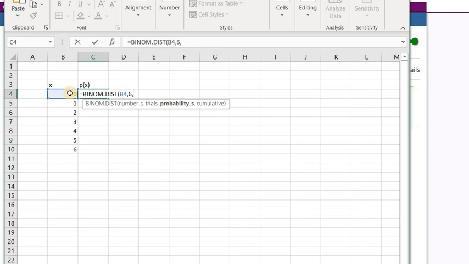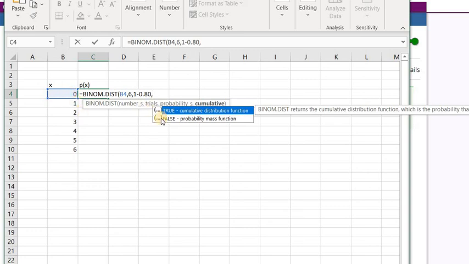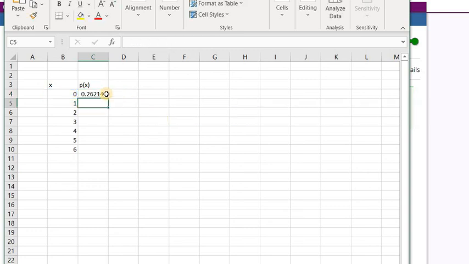The probability, I am going to use the probability of failure here because the question specifically asks what is the probability that exactly 3 do not grow. So the probability of failure is 1 minus 0.80, comma, false. We're always going to use false for the binomial distribution because we don't want to accumulate. And then I'm going to populate this.